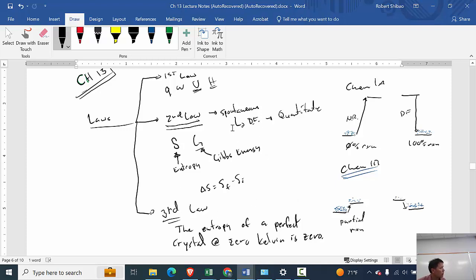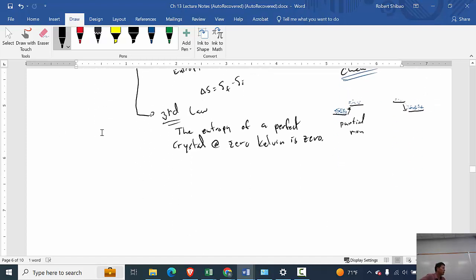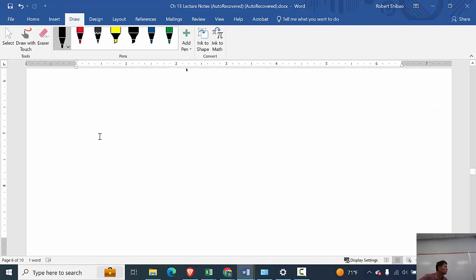And so how do we quantitate the driving force? Well, we can use laws of thermodynamics to do that. So why do we want to quantitate the driving force?